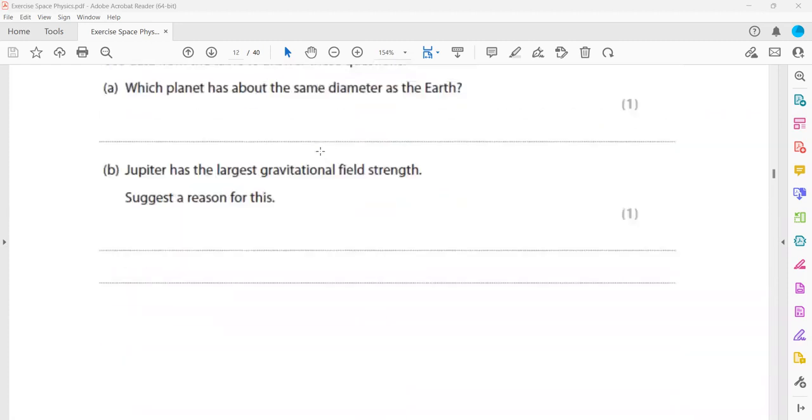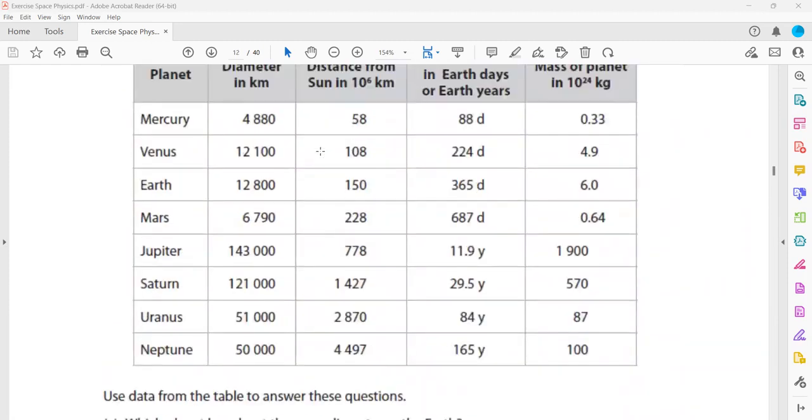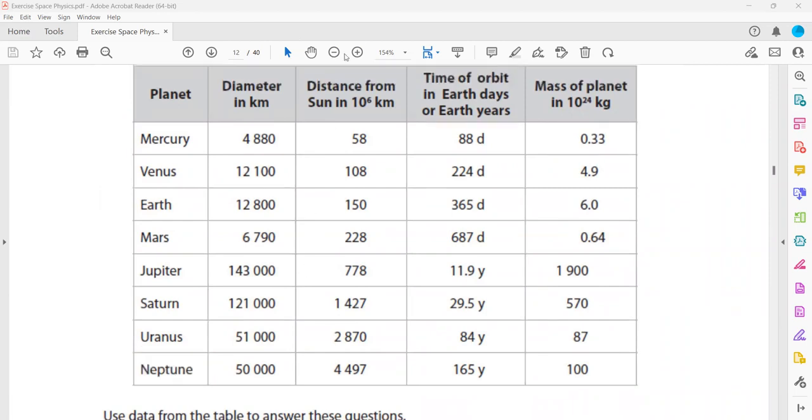Again, you have to use the table. This is the information which we have to use. We have Neptune. The diameter of Neptune is given. Using the diameter, we can work out its radius. And from the radius, we'll work out its volume, 4/3 πr³.